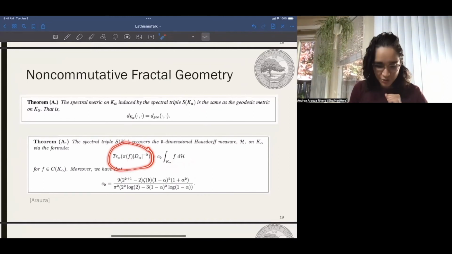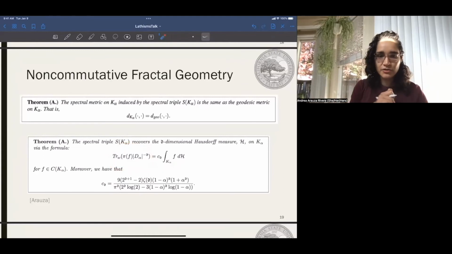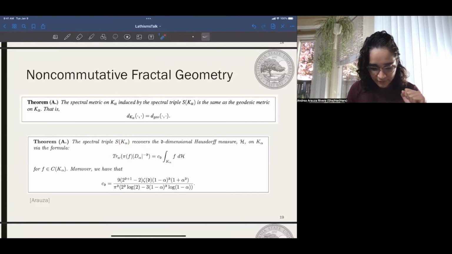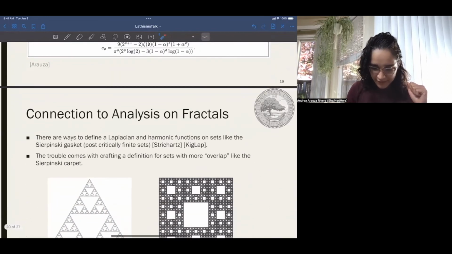Okay, and I can talk to you a little bit about that if you'd like. But these are really just examples of how these spectral triples can be used to describe some of the tools that we have from fractal geometry. One of the hopes that people have for these non-commutative geometry tools is that they'll help us solve some problems from the area of analysis on fractals.